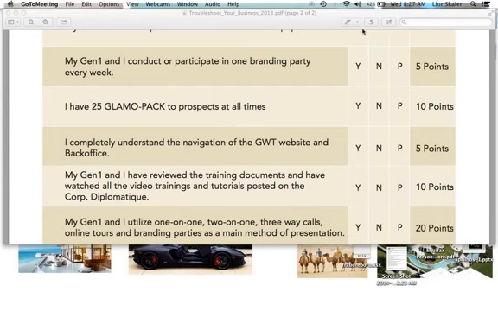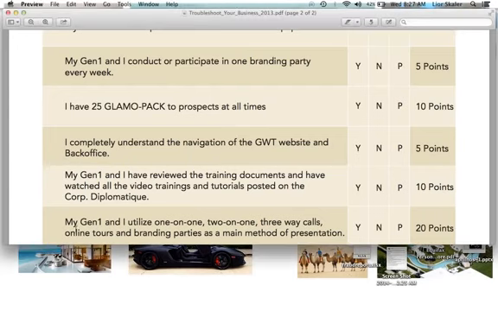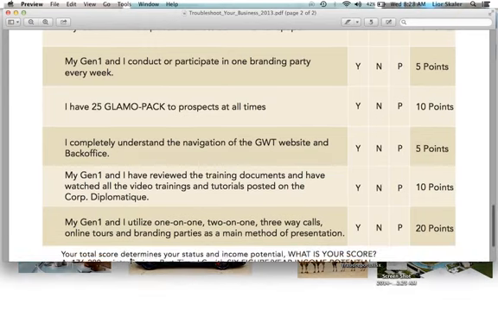All right, so I hope everybody has added up their score. So now we're going to see what your score means. Your total score determines your status and your income potential.